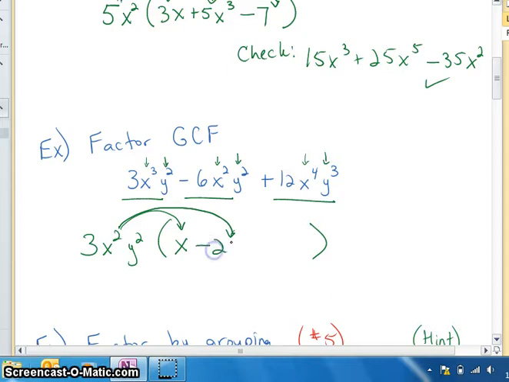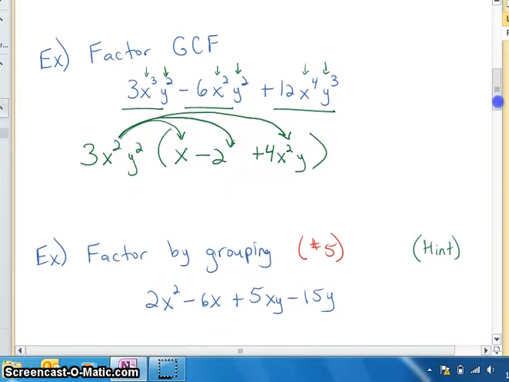Well, that's just a negative 2. And then 3x squared y squared times this is going to give me 12x to the 4th y cubed. So that's 4x squared y. And I'm done. Easy.